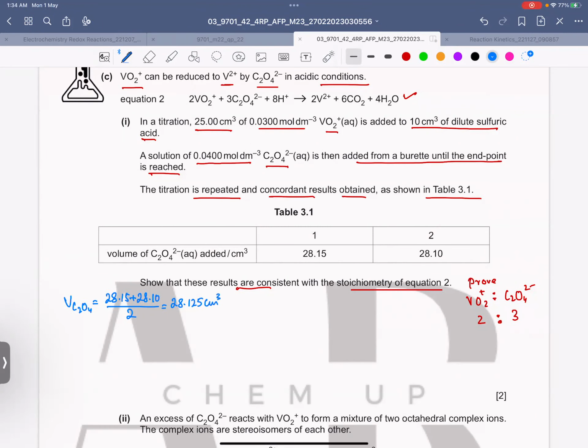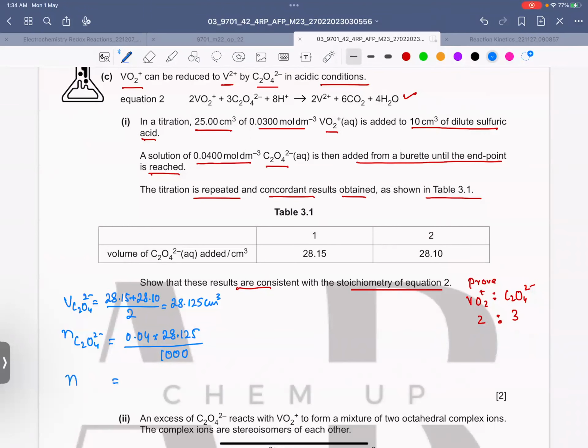Now from here, I can find the moles of this, which must be equal to its concentration times volume, and that volume must be in dm³, so I have to divide it by 1000.